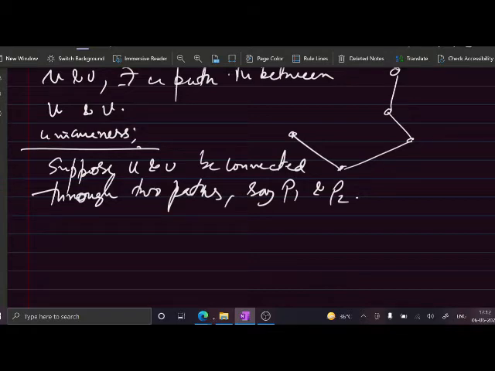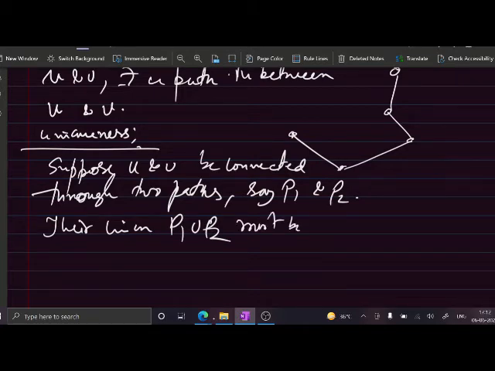Then essentially their union, P1 union P2, must be a cycle, but this is a contradiction.